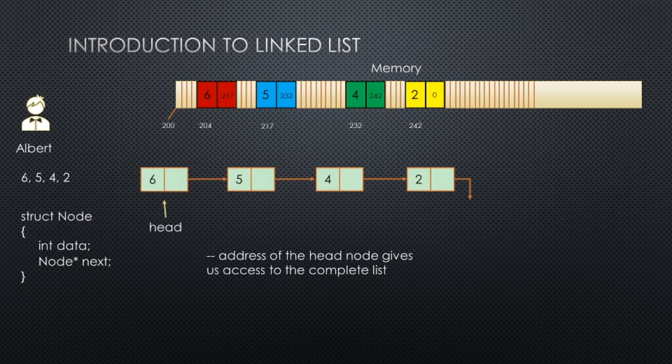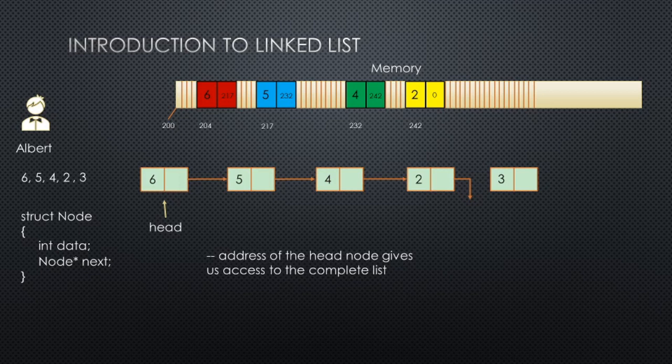If we want to insert a node in our linked list, let's say we want to add 3 at the end of the list, all we need to do is first create a node independently and separately, and it will get some memory location. So we created this node with value 3.